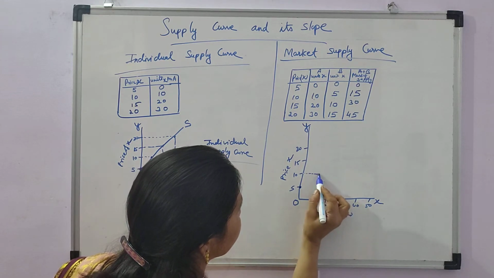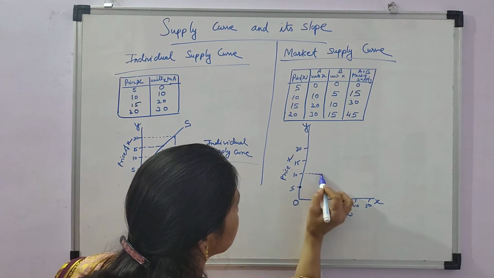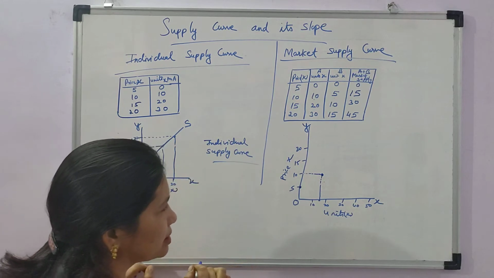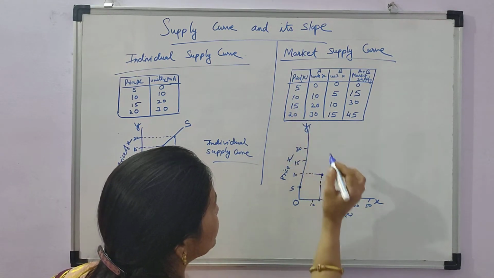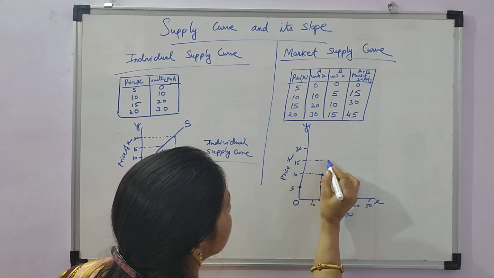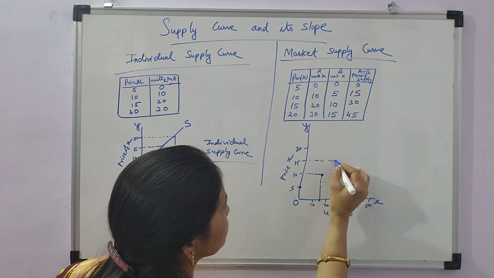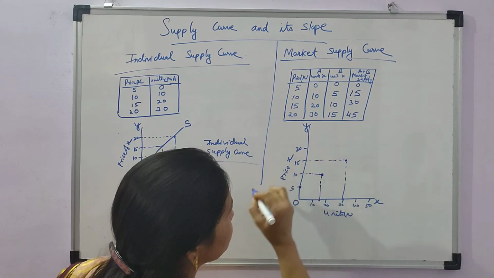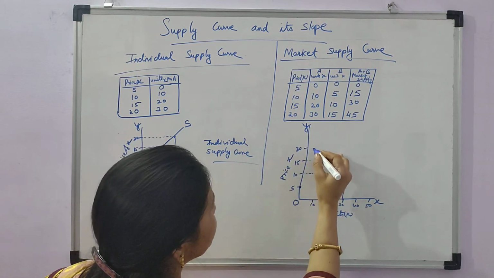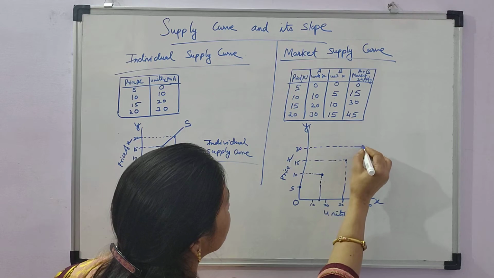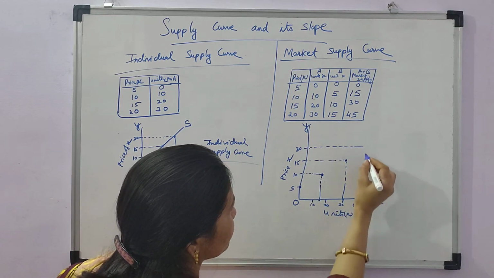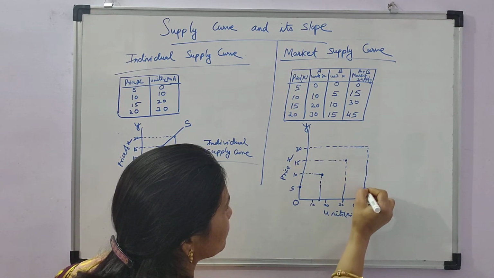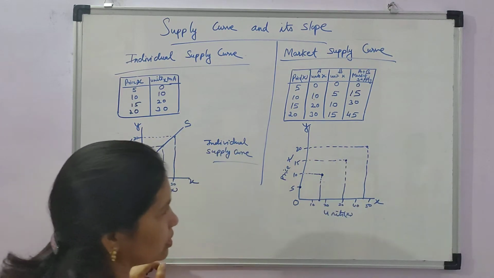Here 15 will come. So this will be your second point of supply, then at rupees 15 the supply will be how much? 30. So this is the next point. And at rupees 20 the supply will be how much? 45. So we will join all these points.